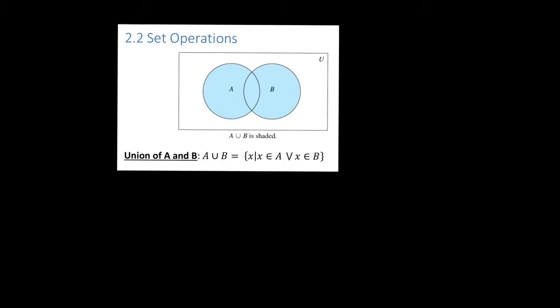So it says that this little U stands for union, that A union B is the shaded area. So everything in A is shaded, and everything in B is also shaded. So the union of A and B, in set builder notation, A union B is equal to all X such that X is in A or X is in B.